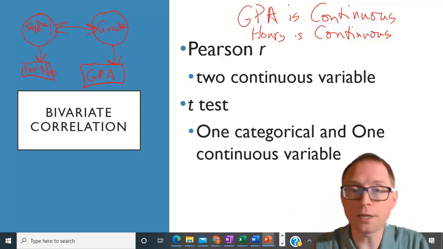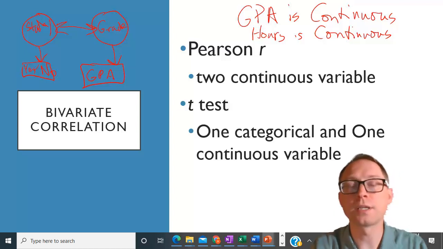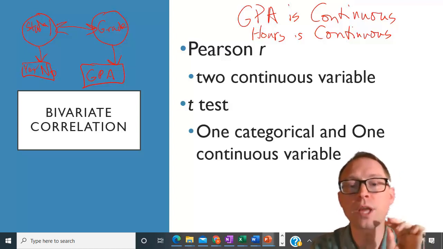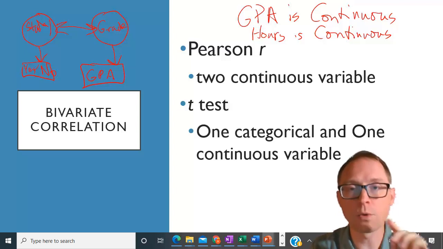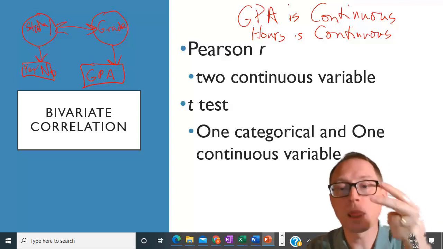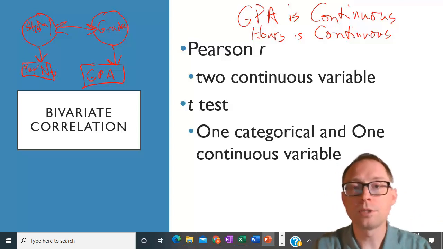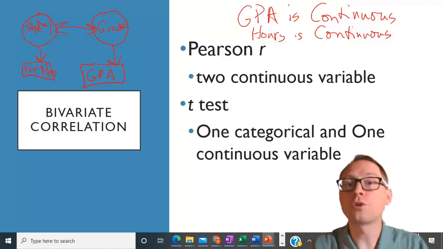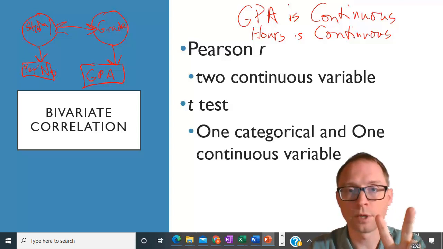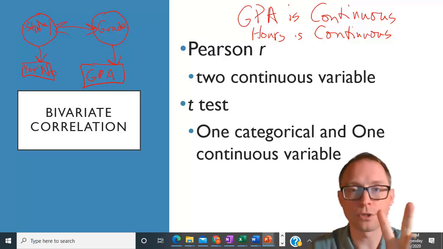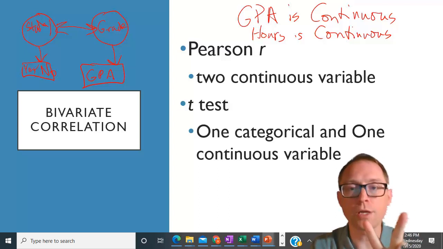Well, you can't use a Pearson's r for that. You use a t-test. Now, a t-test is specifically for one categorical variable that has two levels. In this case, we have a categorical variable: did you study, yes or no? And there are only two levels of that, yes and no. Those are the only categories.